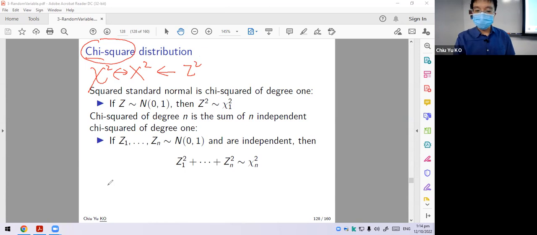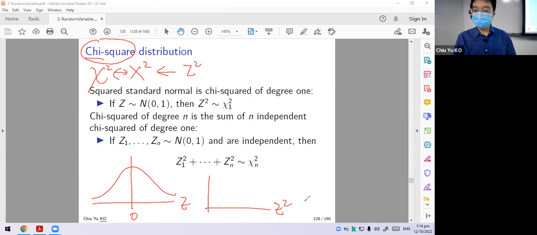So what is it? We have a bell curve, the standard normal z, and we talk about z squared. That's chi-square, and it looks like this.